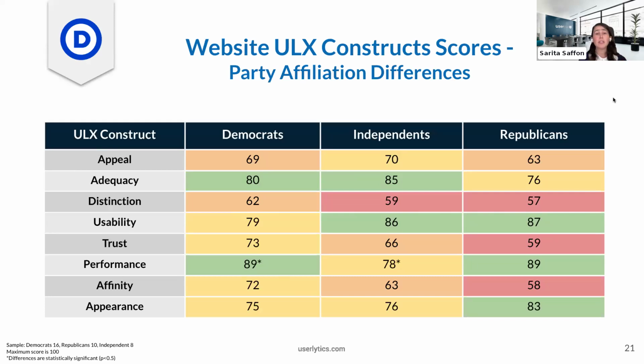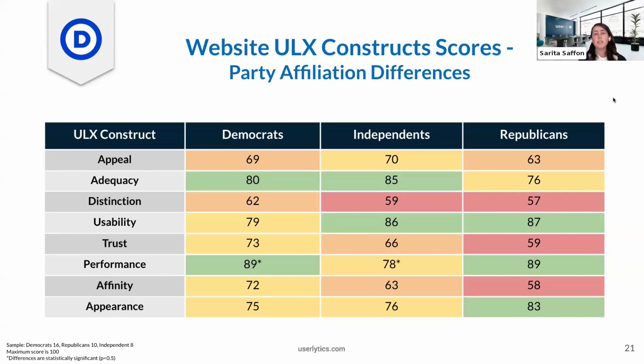Regarding the constructs in the Democrat website, the higher rating for most constructs was expected, provided by those users that identified with the Democrat Party. Nevertheless, it was the Republican users who rated the Democrat website better in terms of usability and appearance, and gave the same score in the performance construct.